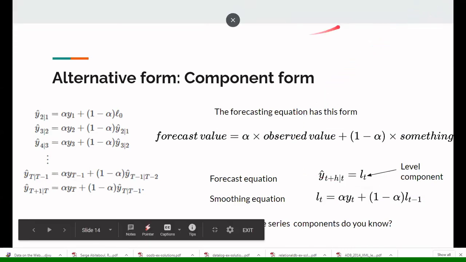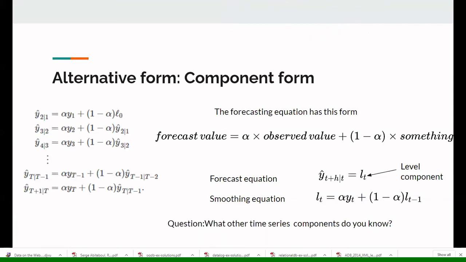So ano yung mga other components na na-discuss na natin? Pwede mo i-chat. Time series component. Lloyd? Wala. Si Ribas muna.